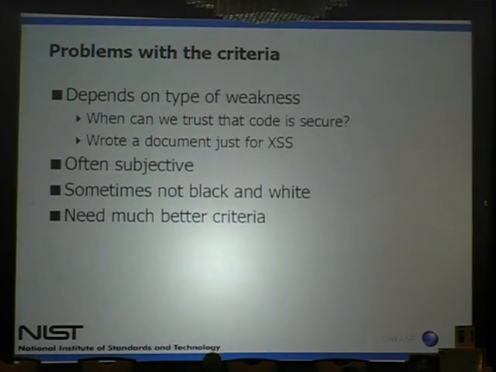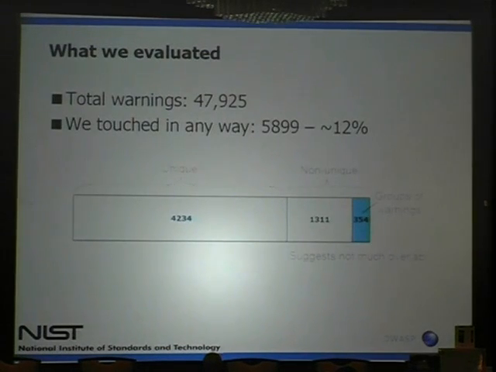For example, in the course of this analysis, we wrote a document just to try to classify XSS problems. This turned out often subjective, which is of course a big problem, and to conclude, we need much better criteria.